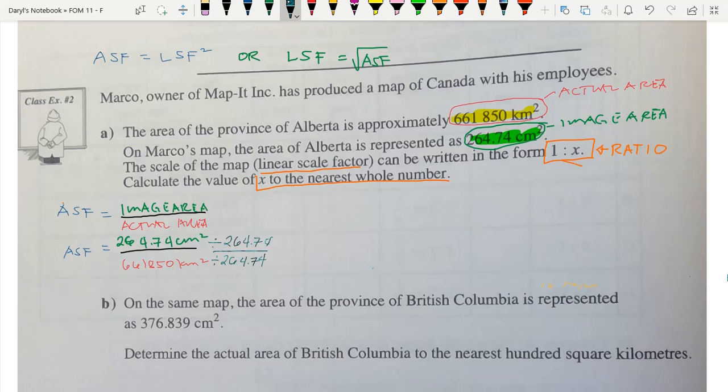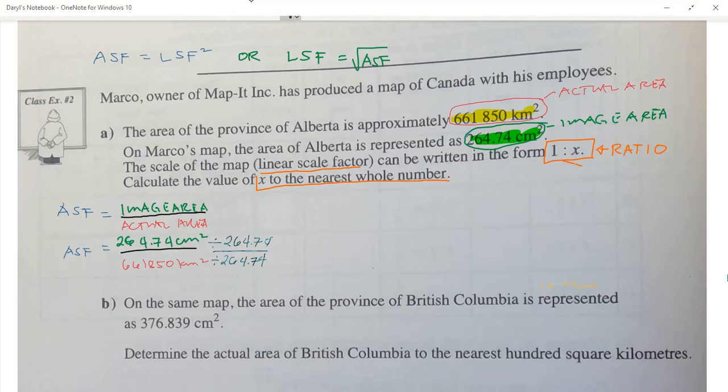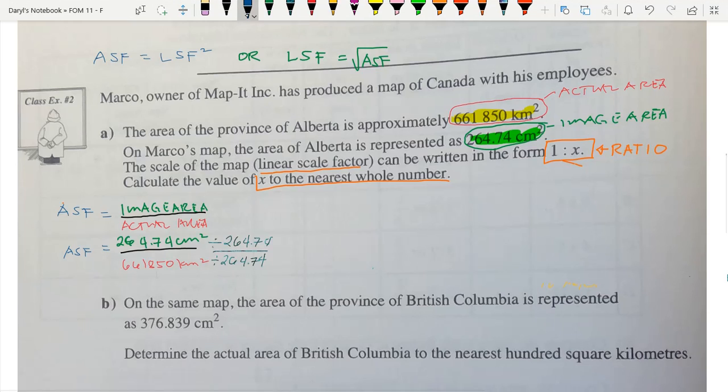This won't affect the value of the whole thing, because anyway, I'm just dividing it by essentially 1. Remember, 264.74 divided by 264.74 is just equal to 1. If you can remember in your Math 8, this is just a way of reducing your fraction. So in a way, you're just doing reduction of your numerator and denominator.